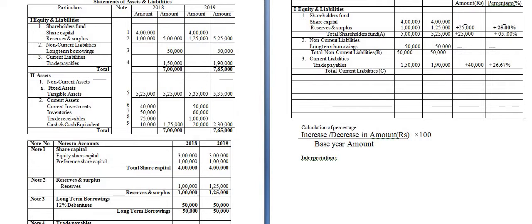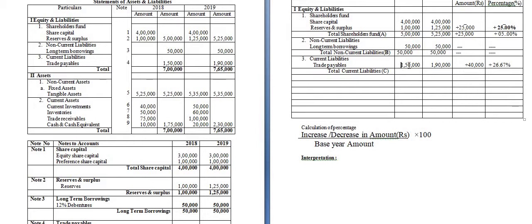Now check the balance sheet statement, whether we have considered all the items. Yes, we have taken shareholders fund, non-current liabilities, and current liabilities. Now the last one is the total of liabilities.